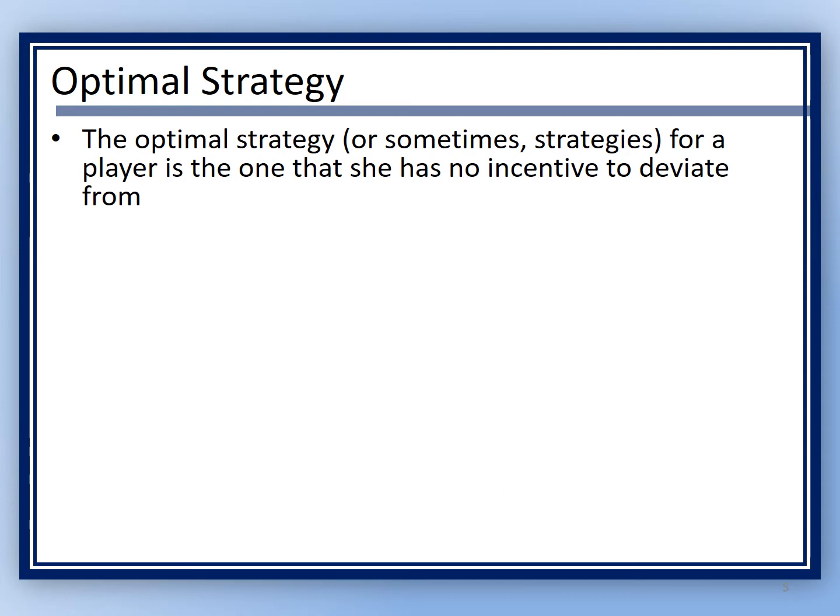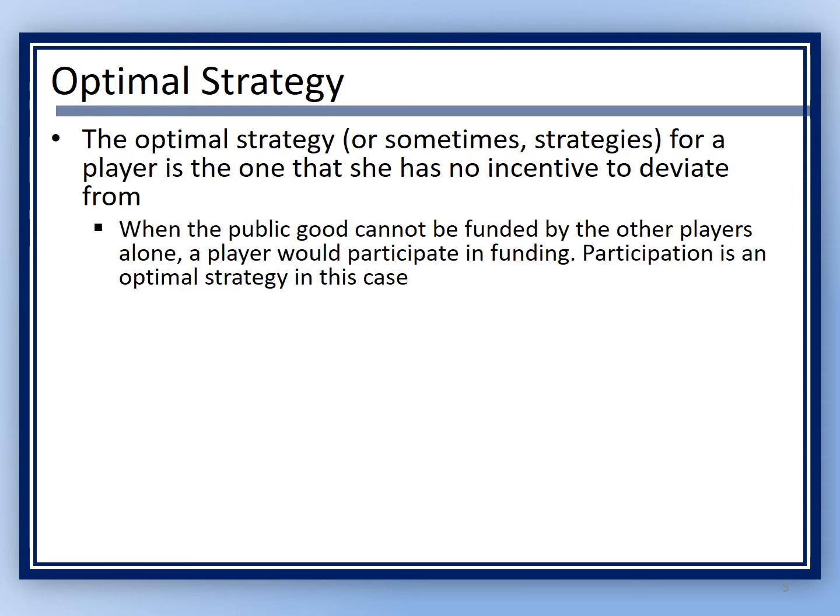That's optimal. So in the public good example, we have gone through the logic, right? If the public good is expensive, everyone's participation is necessary, so there is no incentive to quit. But when the public good is cheap, people want to quit because they don't have to pay and the public good might still be provided.